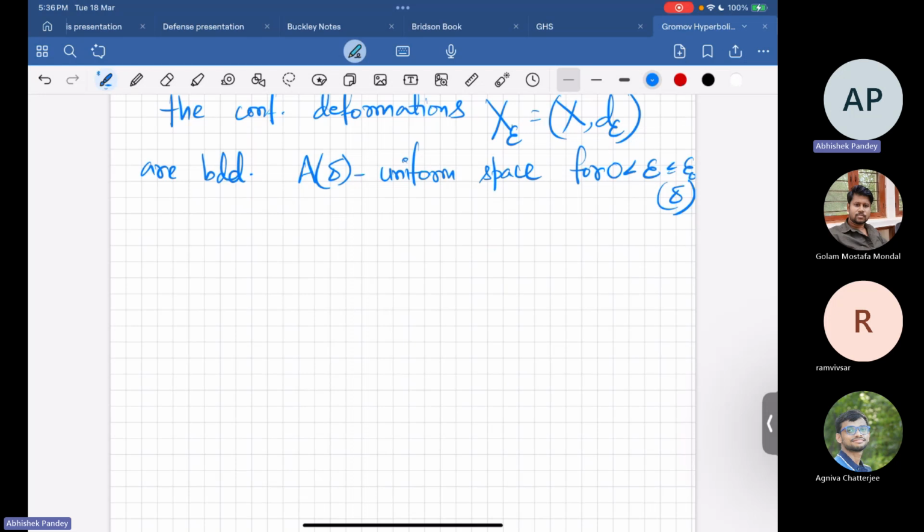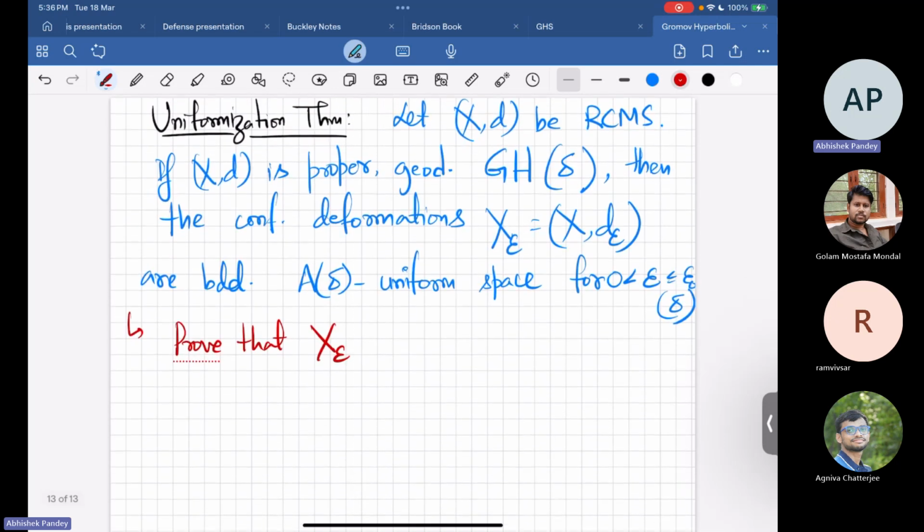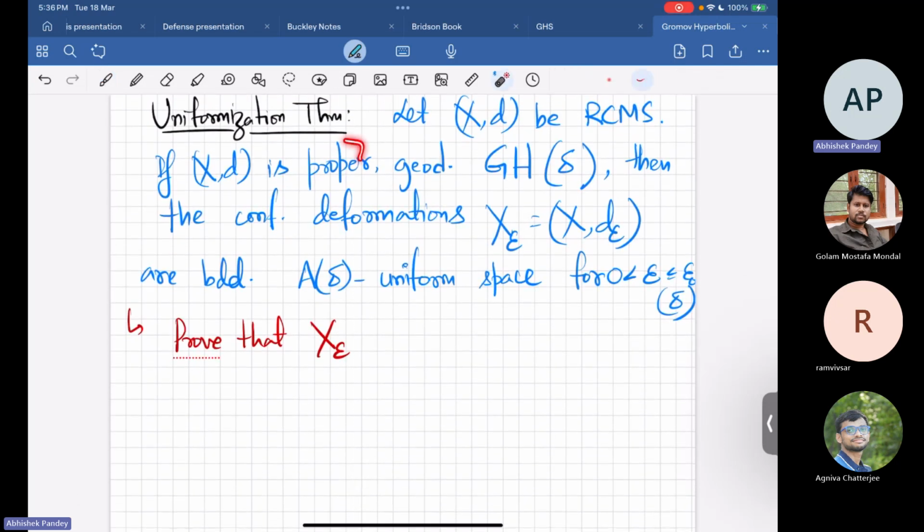Here one thing is to prove that this X_epsilon is going to be non-complete. Observe that since we are taking (X, d) as a proper metric space, X_epsilon is going to be locally compact, because proper implies locally compact, and this is a conformal deformation; the identity map is a local quasi-isometry. Moreover, X_epsilon is non-complete, and hence if we consider the metric boundary of it, it is non-empty.